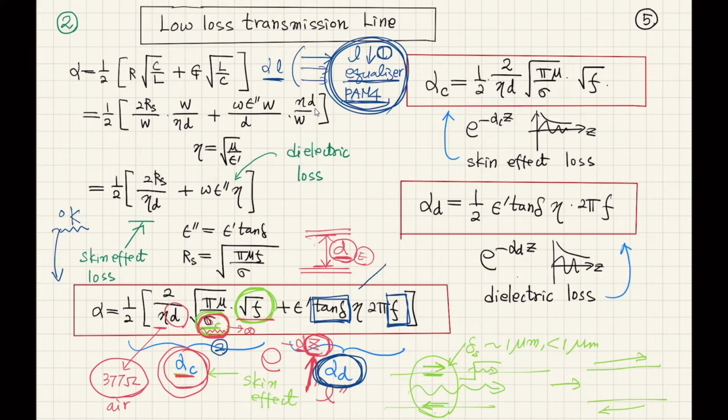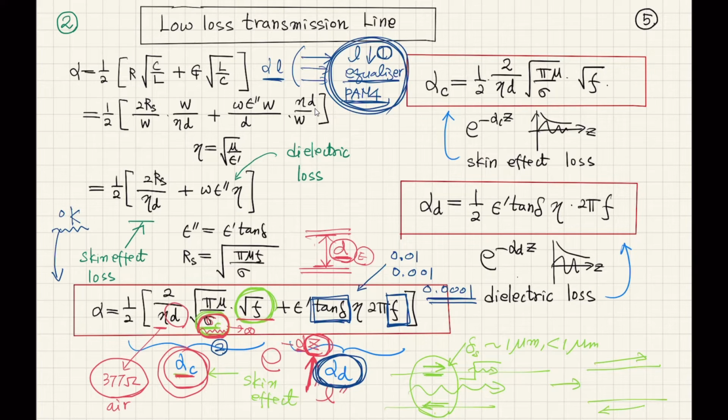Some material may have loss tangent 0.01, but we have to choose 0.001 or 0.0001. So if there is some material scientist who is going to work on this kind of application, we will ask them to find a new PCB or new semiconductor that has very, very low loss tangent.